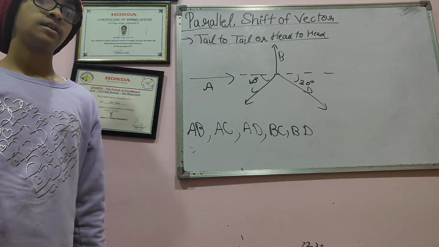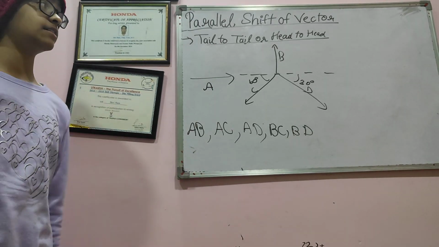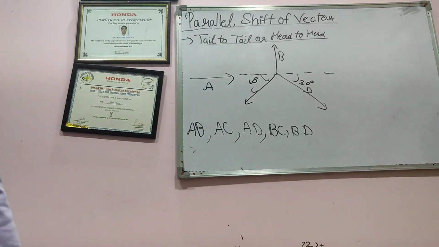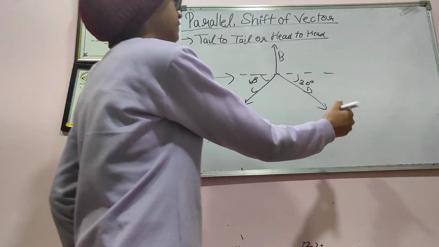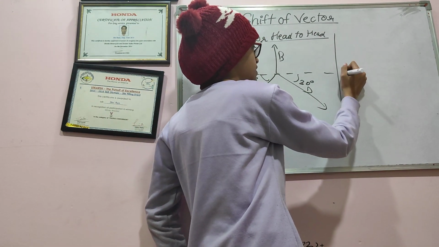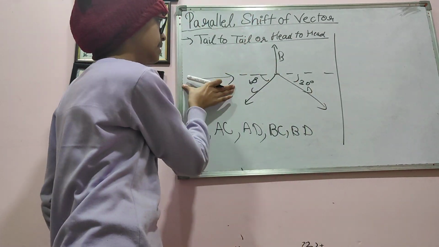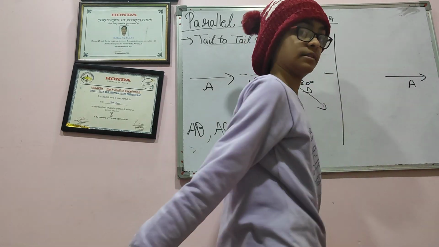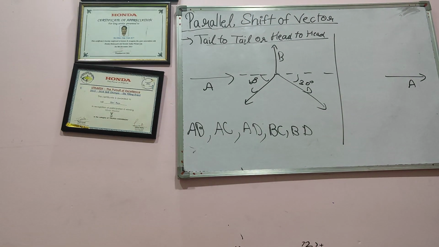Okay. So how we'll find out? We'll just do parallel shift of vectors. I'm drawing this over here, okay? So I shift this A line onto the right side of the plane. Is it visible, guys? Okay, yes, it's visible.